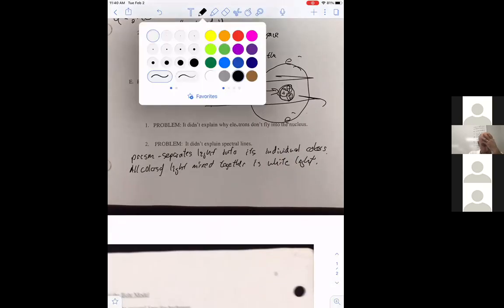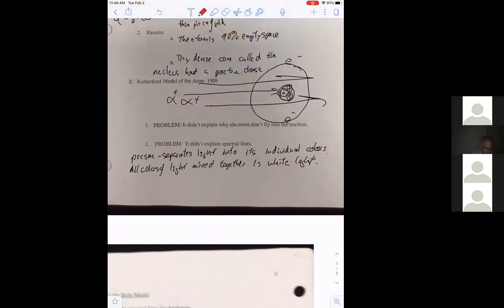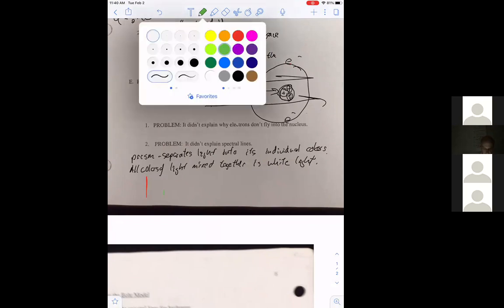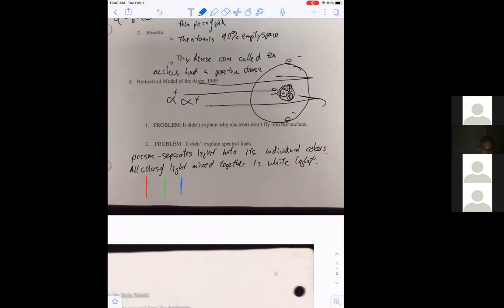So when you look at a hydrogen light bulb, you'll get the following colors: red, green, blue, and violet. So those 4 colors.